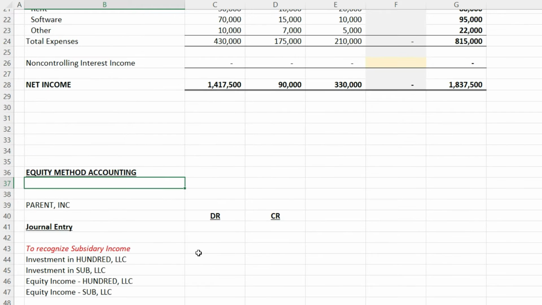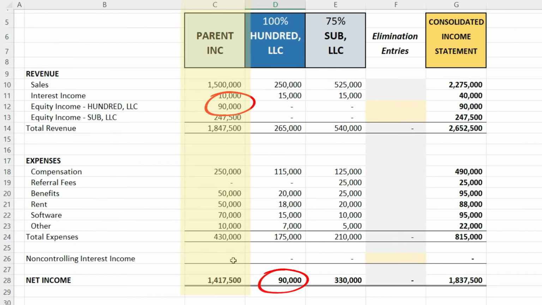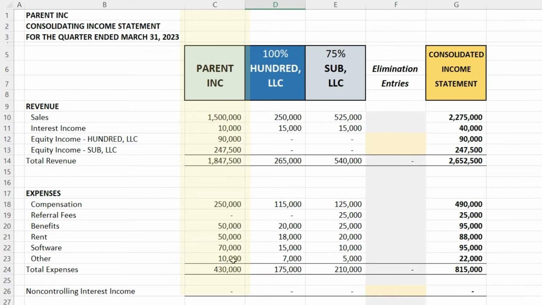And then the credit is $90,000 of equity income. Basically, their investment generated $90,000 of net income. And from a legal entity standpoint, they have a line item of equity income, 100 LLC, $90,000, and you'll see that on Parent Incorporated's income statement, ignoring the consolidated effect and all the other entities.